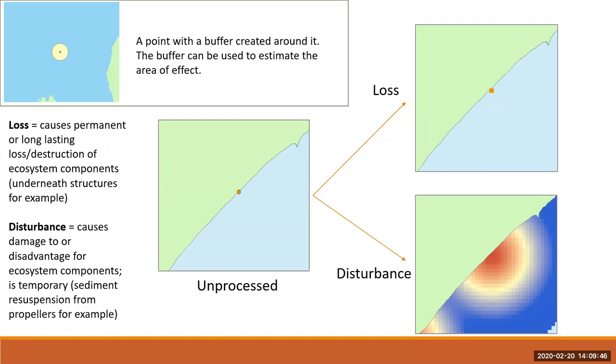Of course, how big the area lost is depends on how big the dredging site is, and for some points, sadly, you can't say anything about the size, but some points had information about the size. So if it was a big dredging project, then it got a larger loss area.